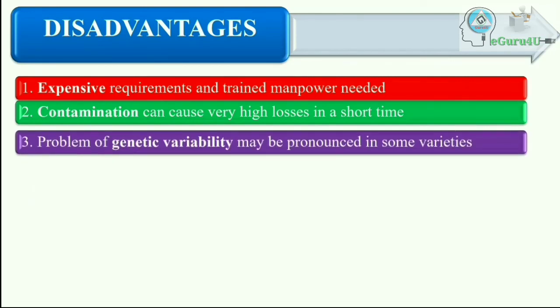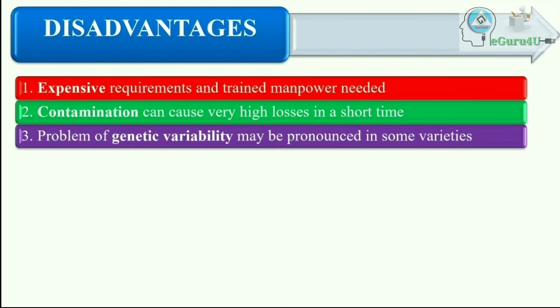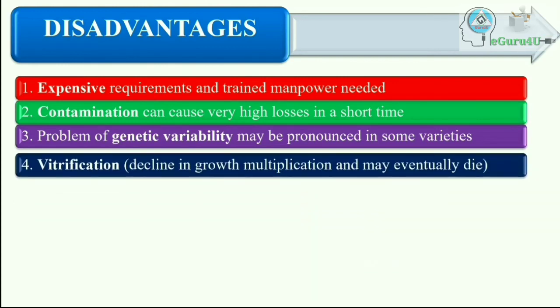3. Problem of genetic variability may be pronounced in some varieties. When micropropagation is carried out through shoot tip cultures, genetic variability is very low. However, use of adventitious shoots is often associated with pronounced genetic variability. 4. Vitrification.